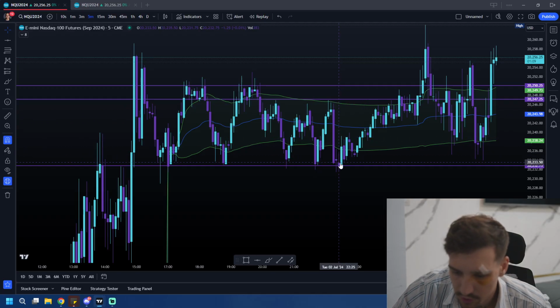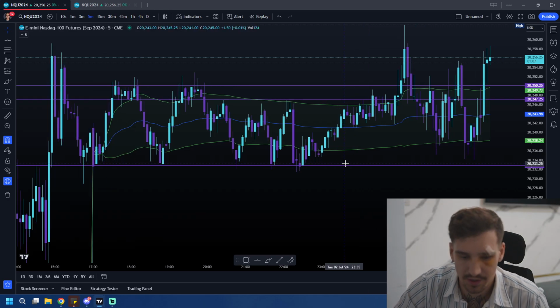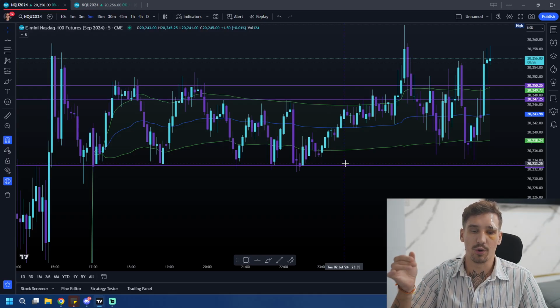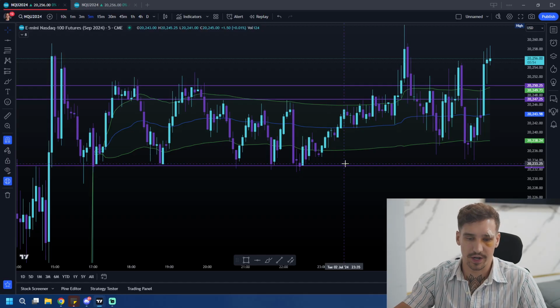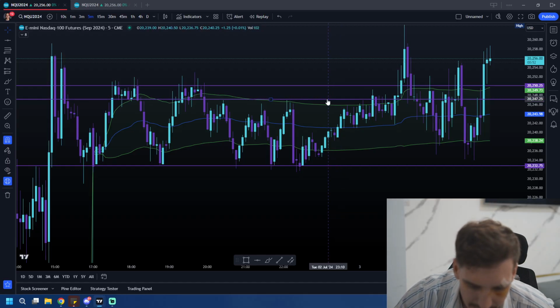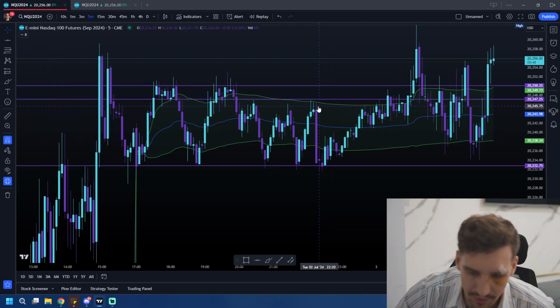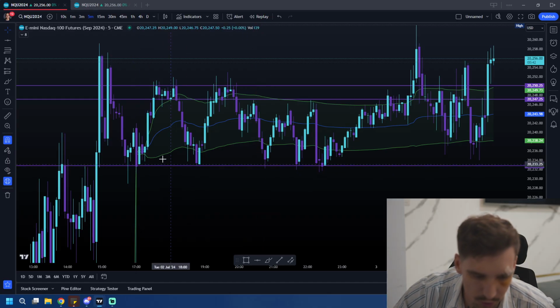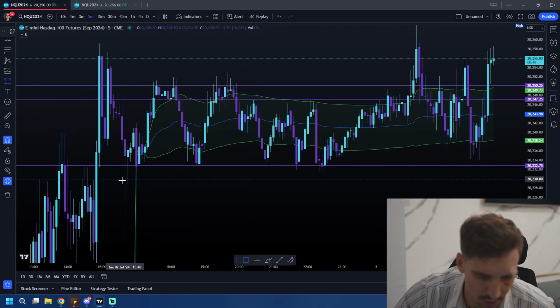This was like 13 points in 5 minutes, right? With 10 cons, that's $2,500 in 5 minutes. You could have blown your Top Step account or whatever account you're trading. But the point I'm making here is when there's massive momentum after a huge sell-off into a giant support zone, right?